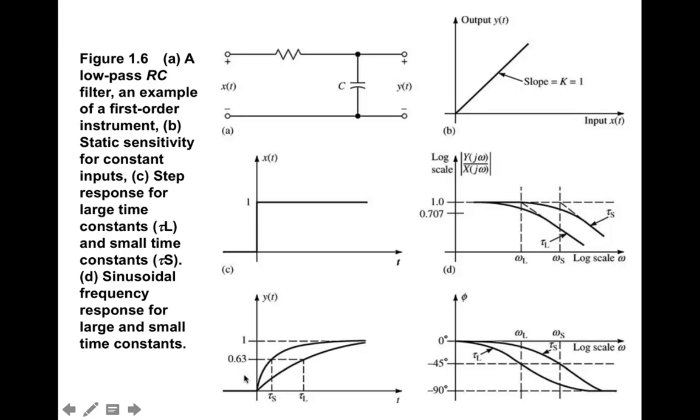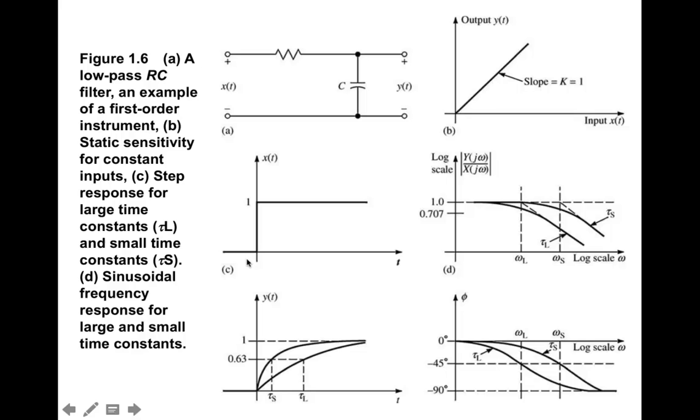Now, if we look at the response to a step input, the step input just goes from 0 to 1 instantaneously. What we find with this kind of a system is that we have a delay. From an electrical engineering and mathematics point of view, because the step is an instantaneous change, if we were to do a Fourier analysis of this input function, we would find that it contains a significant number of very high frequency components.